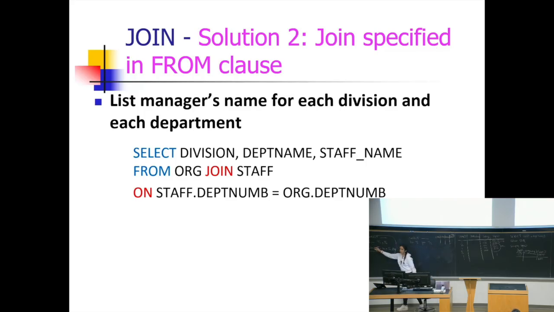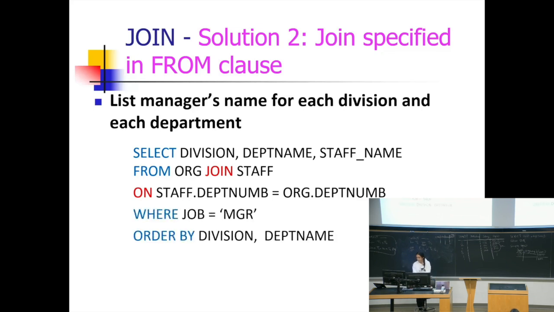Instead of WHERE, I write ON, because I want to join T1 with T2 on which column. Then you mention, for example, ON T1.column1 equal to T2.column1. So this is the same column as here. You can see the syntax here. These two are the same and will give you the same results.